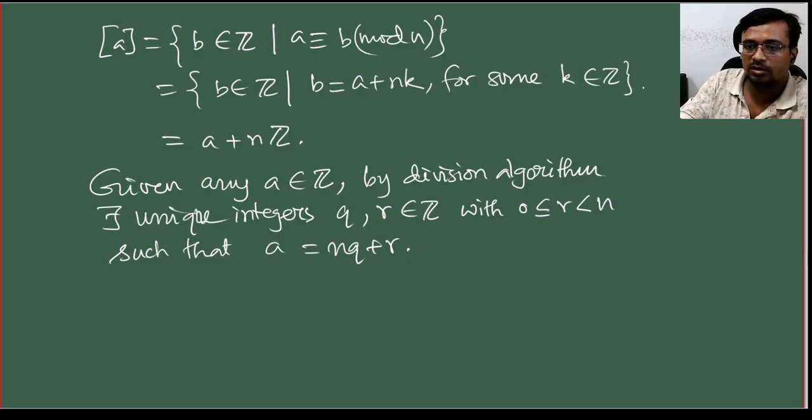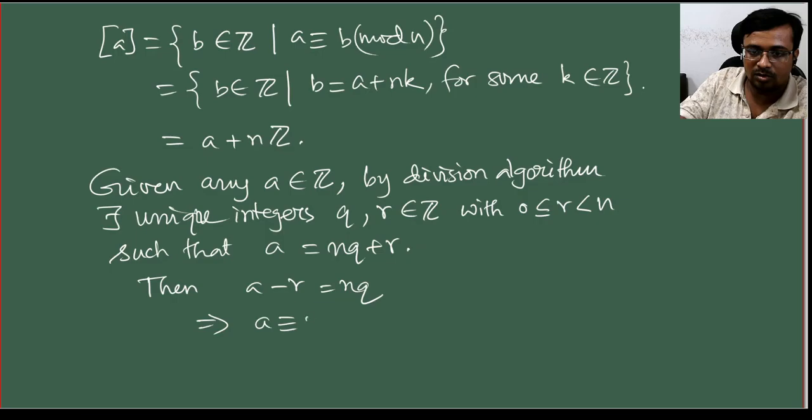This r is called the remainder term. So from this, a minus r equals nq. So that means that a is congruent to r mod n. So therefore, any integer is congruent to the residue upon division of that element by the integer n.